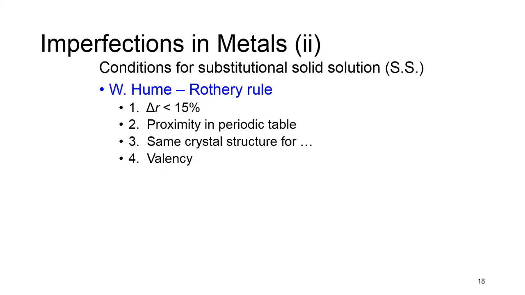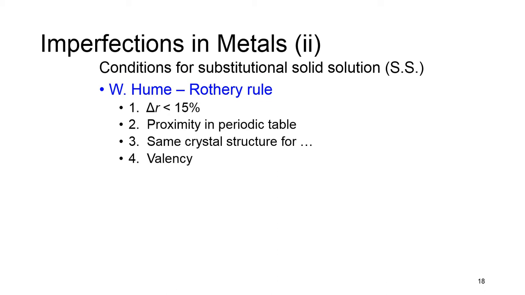When does this solid solution usually happen? Based on the Hume-Rothery rules, a group of requirements must be met for solid solution in metals to happen. The first one is the atomic radius: the difference in atomic radius should be less than 15%.